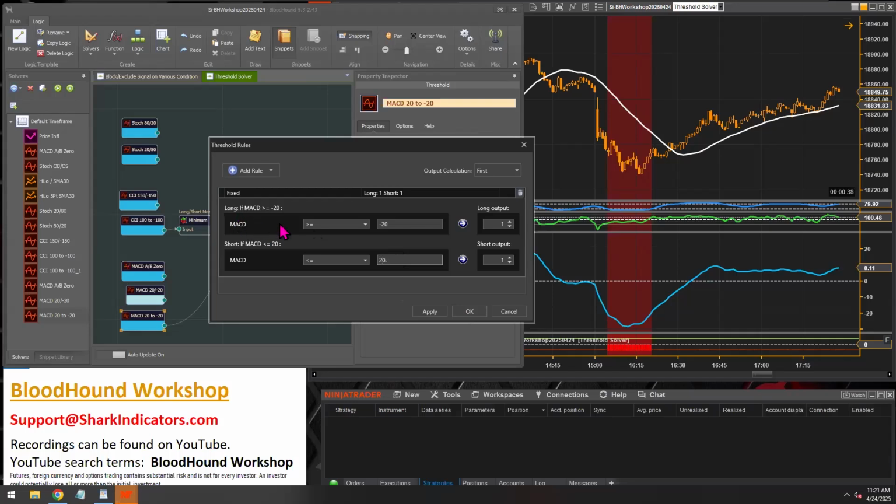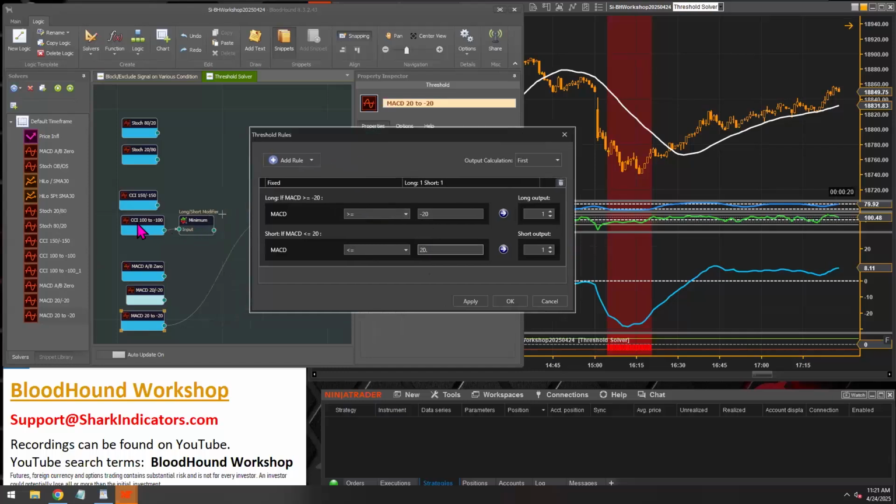So we're going to get a long output when the MACD is above negative 20, or a short output when it's less than 20. You can reverse these here. So that's how I set up the CCI, just to demonstrate here. Let me reverse these conditions.